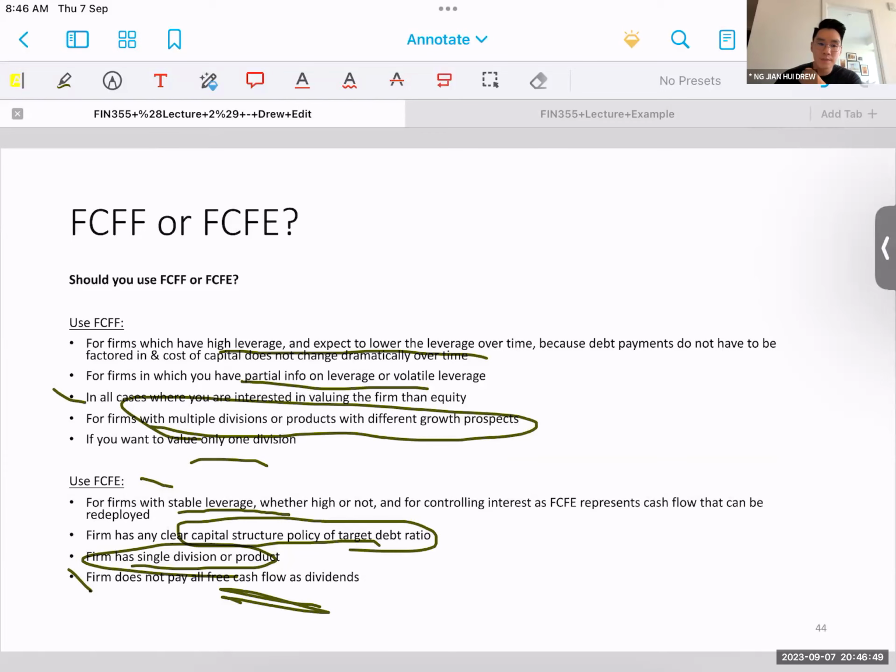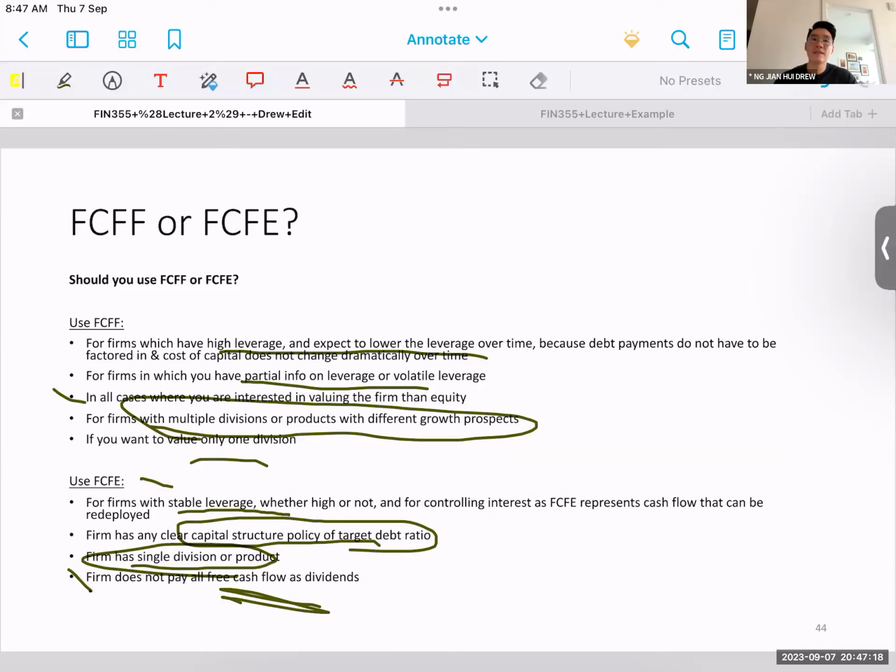So I would say, as an equity analyst valuing the firm, and you're not a shareholder, you are just valuing a firm, typically you want to use the FCFF, right? Because you are valuing a firm, so you want the cash flow to all capital providers.